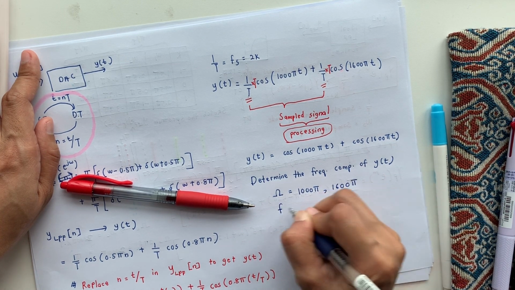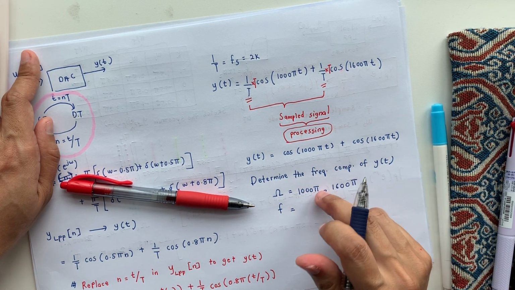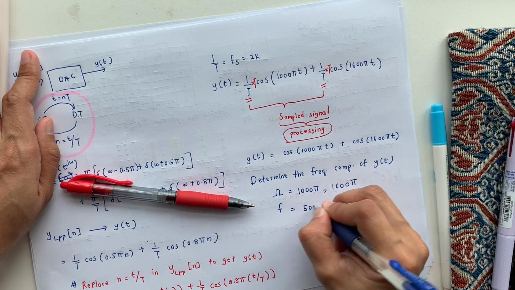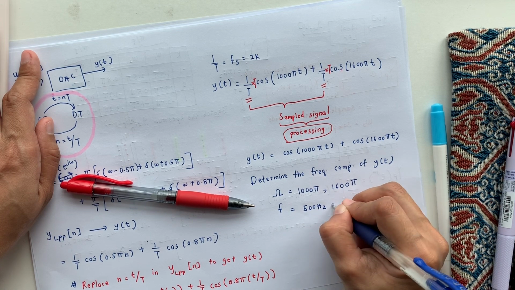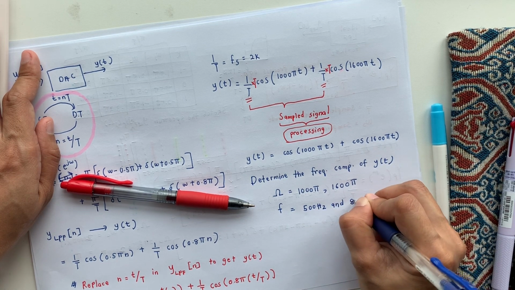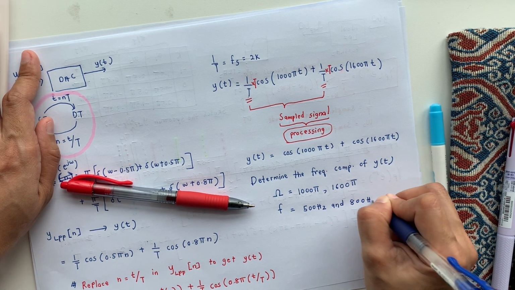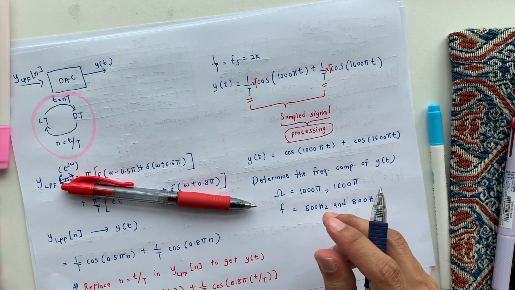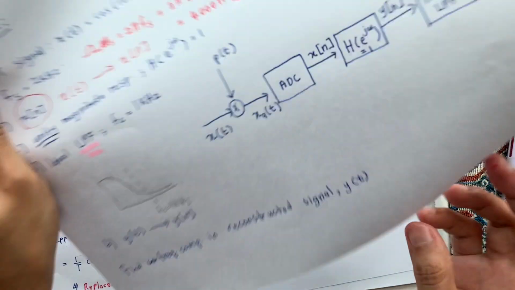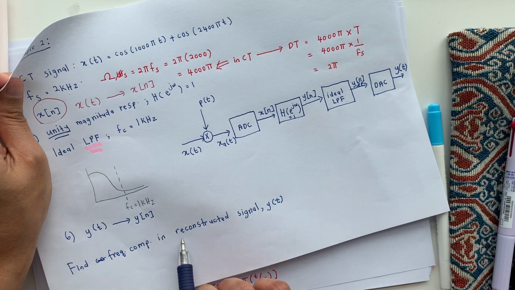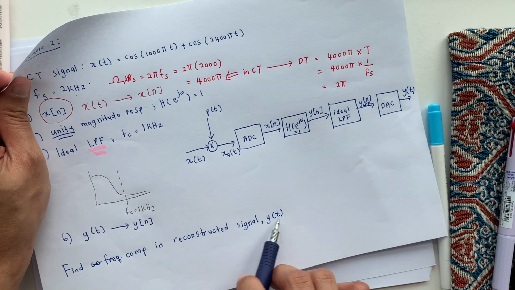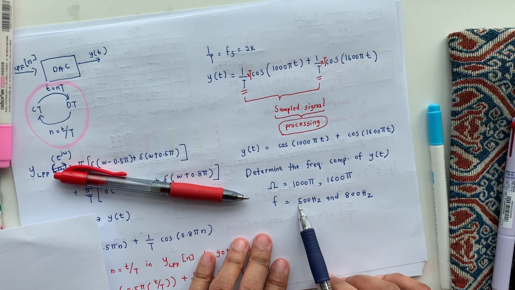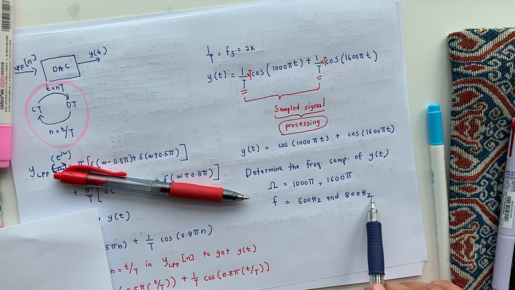For f, you just divide 1000 pi by 2 pi, so you have 500 Hertz and 800 Hertz. Go back to the question: it wants you to find the frequency components in the reconstructed signal y(t), so f equals 500 and 800 Hertz.